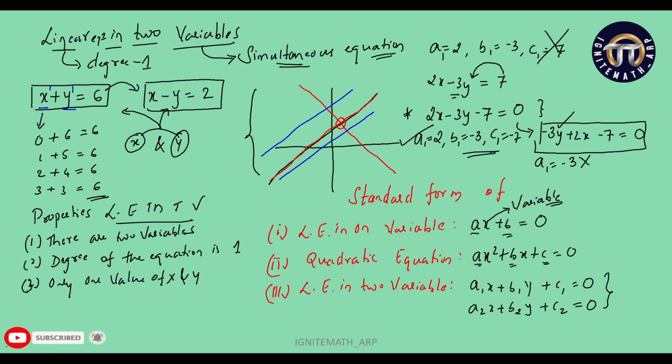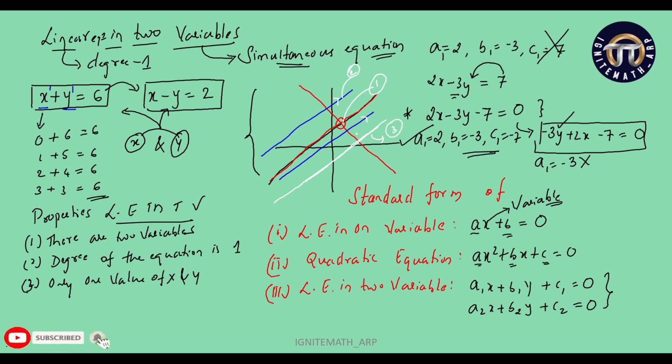Or one line is plotted over here, and when I plot the other equation, one more line comes exactly on the other line. So it may happen like this, case 1. It may happen like this, case 2, where both of them are parallel to each other. It may happen like case 3, where they overlap each other.